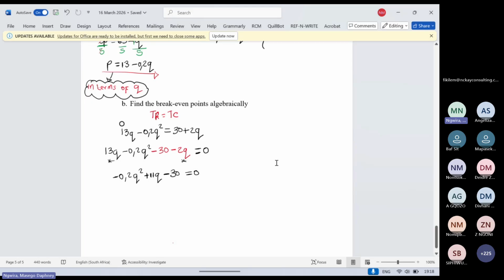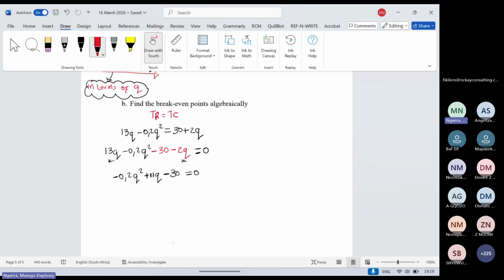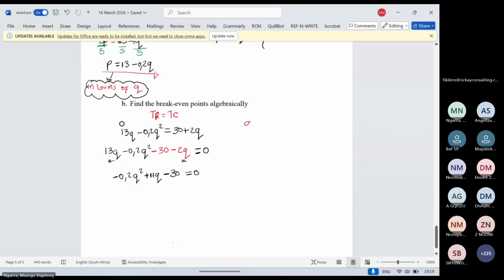All right. Now I said that we use the quadratic formula. The quadratic formula is Q is equal to negative B plus or minus the square root of B squared minus 4AC, then everything over 2A.